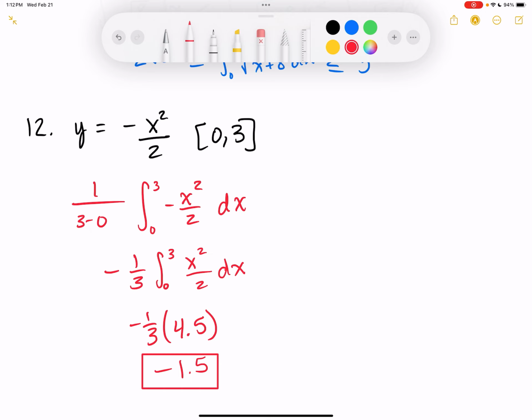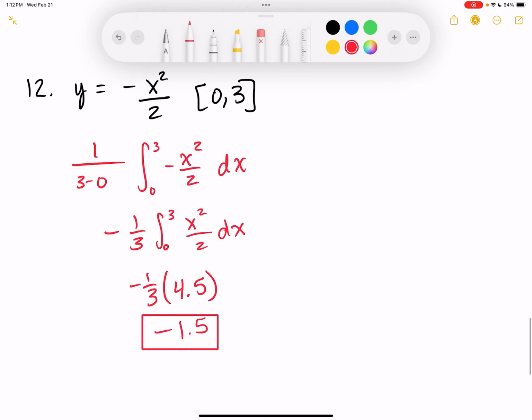So then it says after that it also wants us to find at what point in the interval the function assumes its average value. So we're going to set this function equal to this number and solve for x. So that's going to be negative x squared over 2 is equal to negative 1.5.